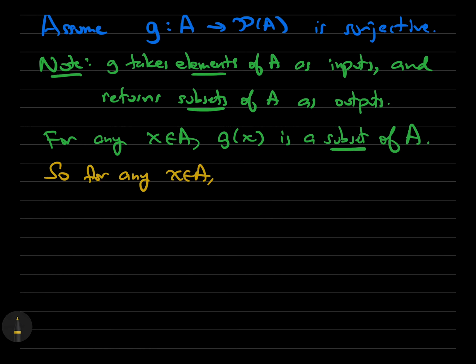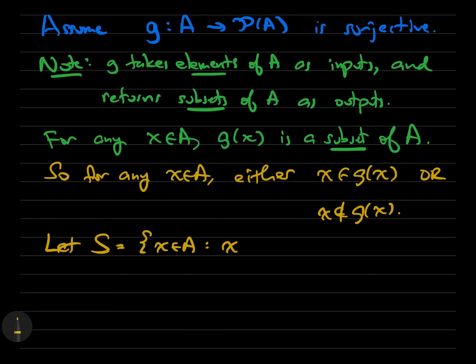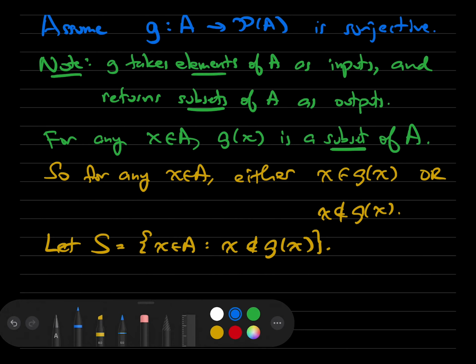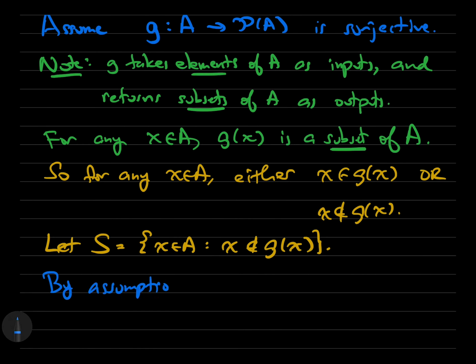So let S be the set of all x in A such that x is not in g of x. That's a subset of A, therefore it's an element of the power set. By assumption, g is surjective, therefore there must exist a z in A such that g of z equals S.